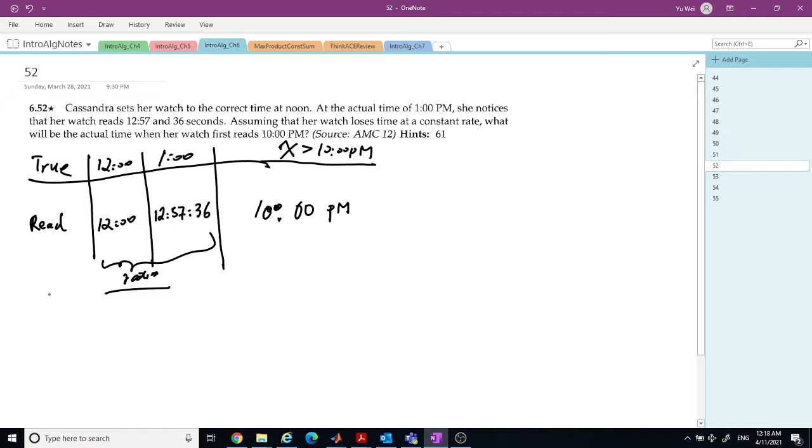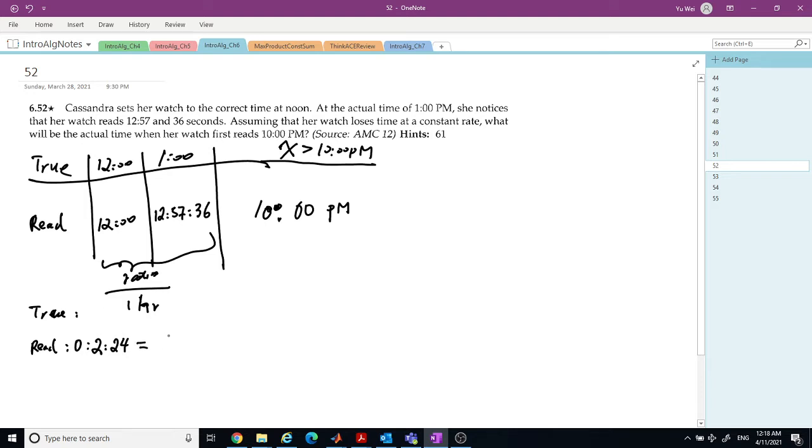From the true time, 1 hour, what is the read time? The read is 2 minutes and 24 seconds short of the 1 hour.